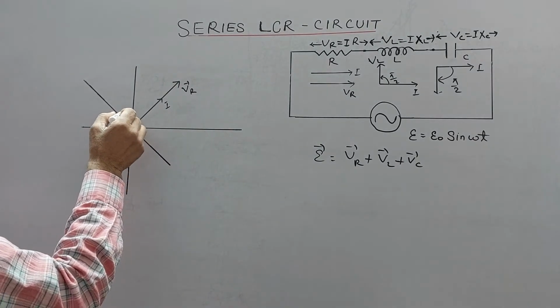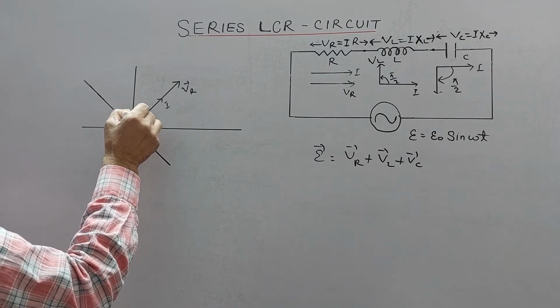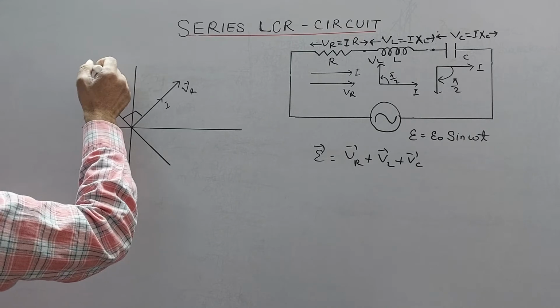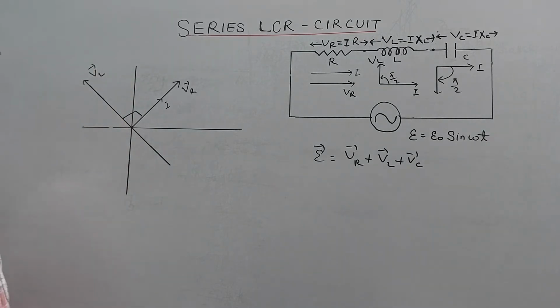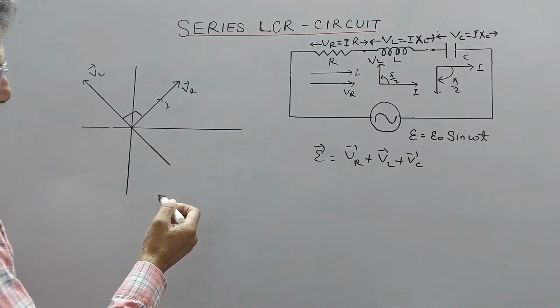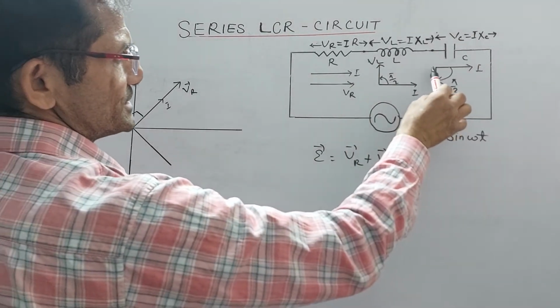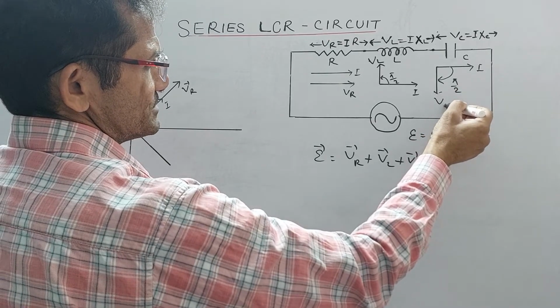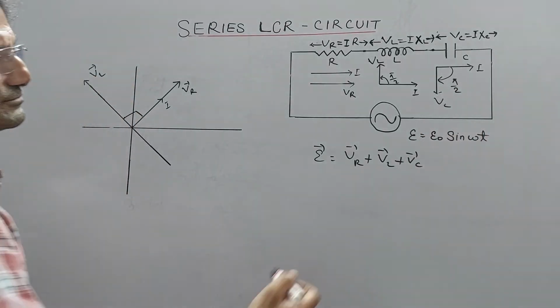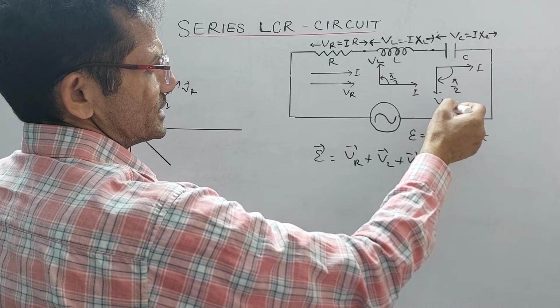So this would be our VL, the voltage across the inductor. And similarly here, if the current is along this one, VC would be along the downward direction, making an angle pi by 2 in the clockwise direction.